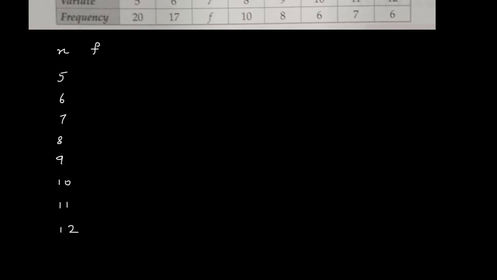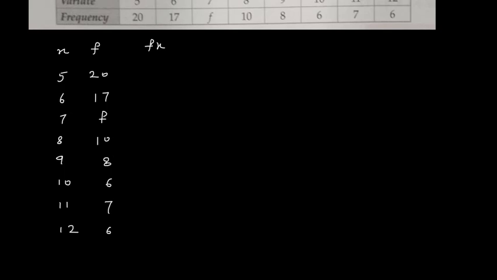And the value of frequency is 20, 17, f, 10, 8, 6, 7 and 6. Then we make a column of f into x.